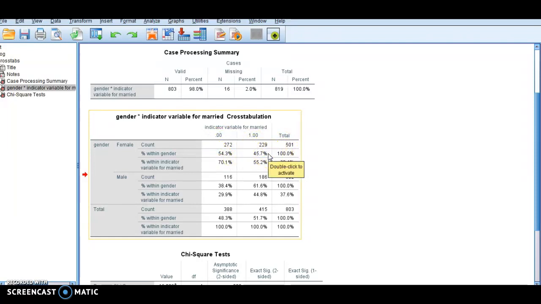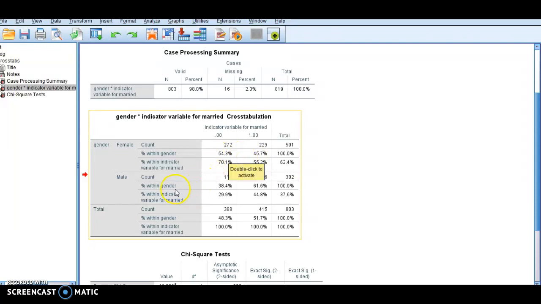If I calculate on a calculator 229 divided by 501, I get 45.7, which is exactly this number right here. So within the gender row, 45.7% of females were married and 54.3% were not married.